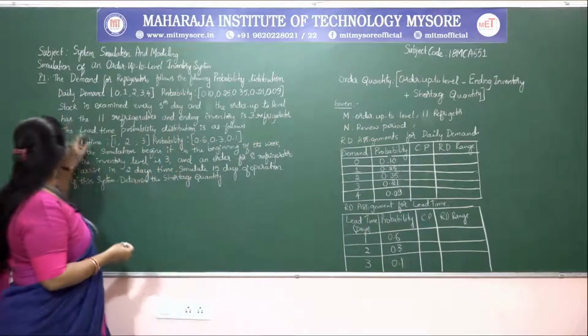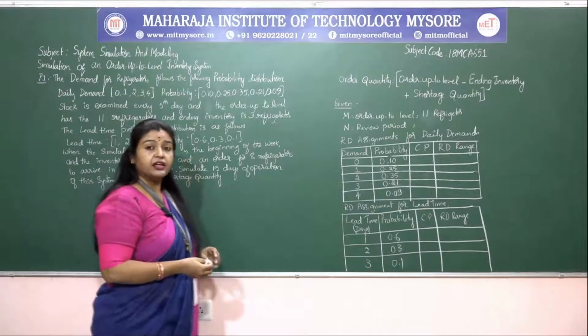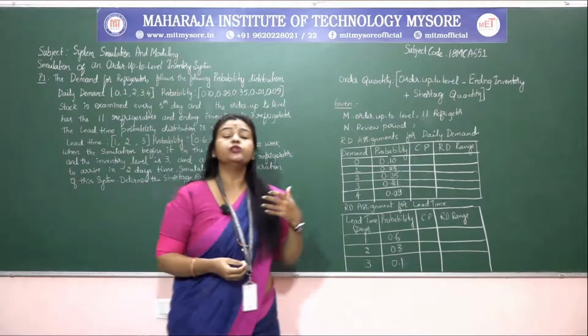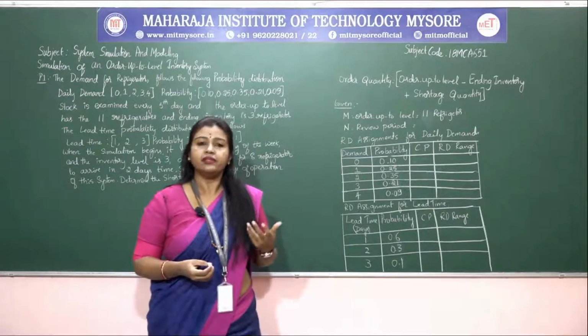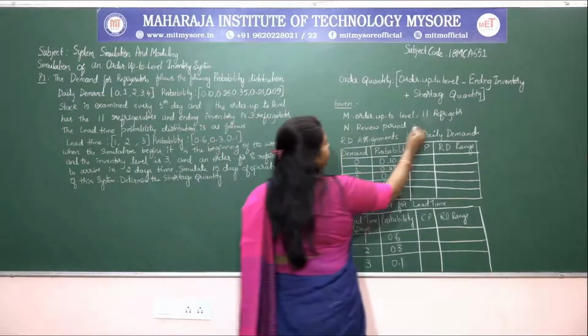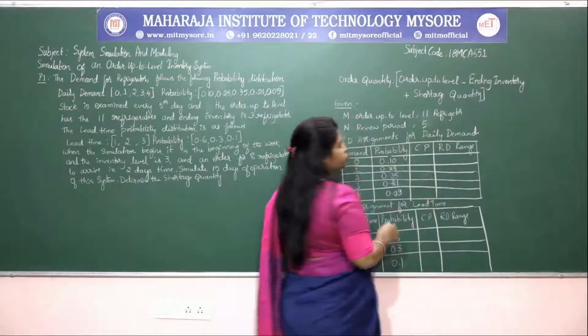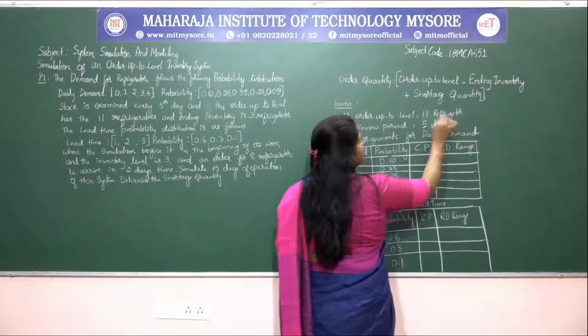They have stated that the stock is examined every 5th day. That means the review period, when they check the stock, is on every 5th day. So the review period is 5, and on every 5th day they are going to examine the stock.